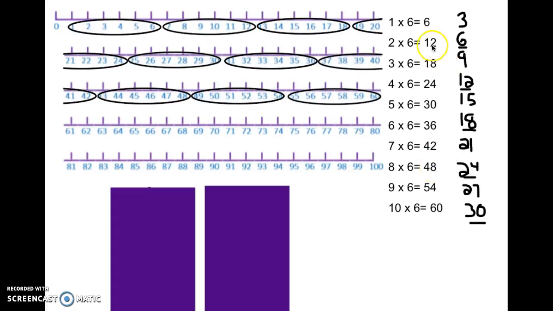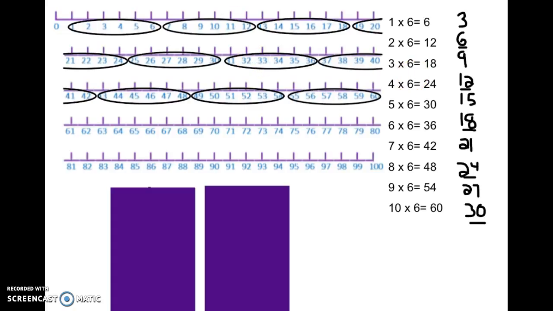If I add that to 12, I also get 60. 42 plus 18 would give me 60, and 36 plus 24 also gives me 60. So that's kind of a cool little pattern.